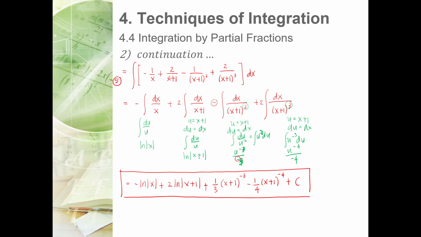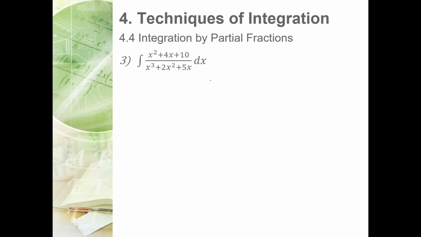All right, so if there's no question, try to solve number 3 on your own in your free time. This is distinct linear plus distinct quadratic. If you simplify this one, it becomes x times x squared plus 2x plus 5.